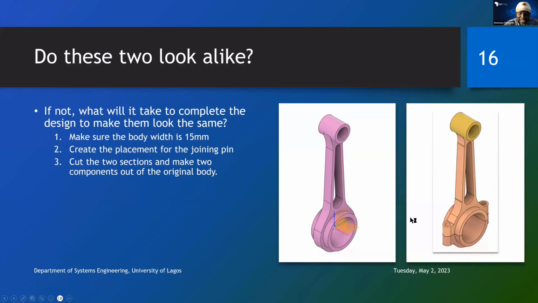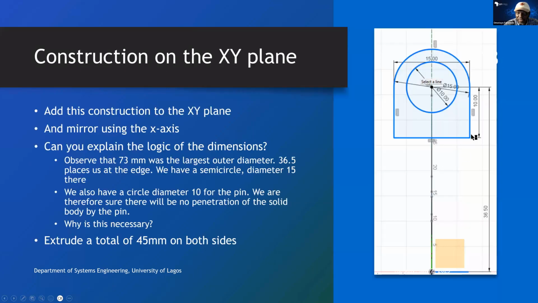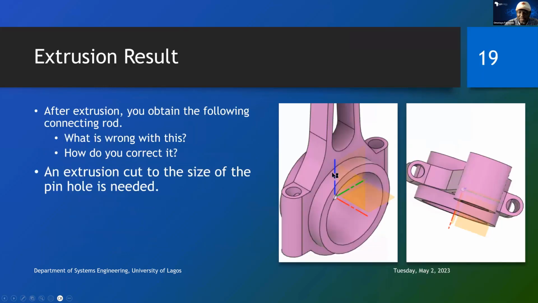And then from there, we add another video clip, the connecting rod 1, which helps us to see how we decided to go on the XY plane and did another sketch and did 2 extrusions. One extrusion to create a join and another extrusion to create a cut. By the time we finished the first extrusion, we came up with something like this.